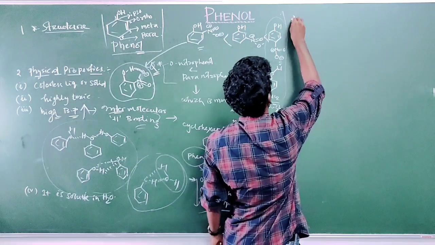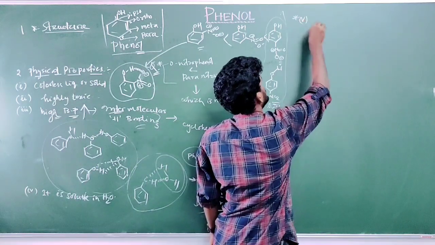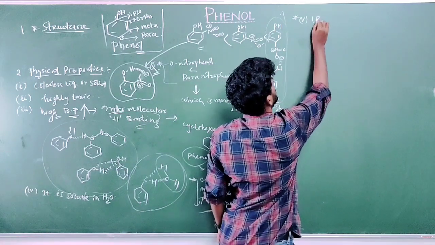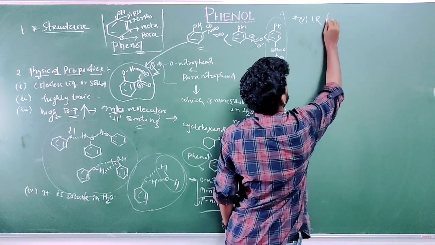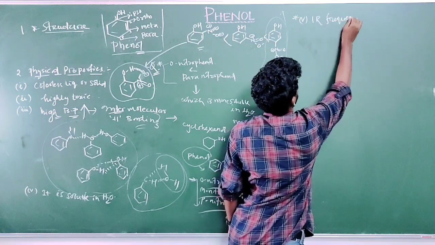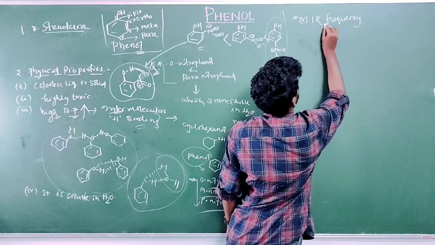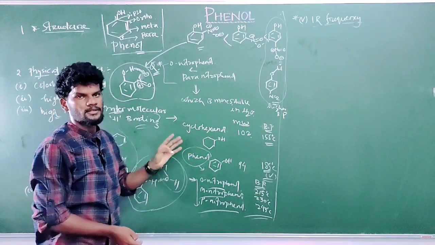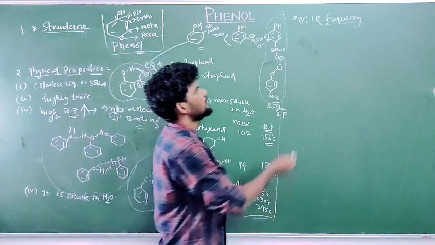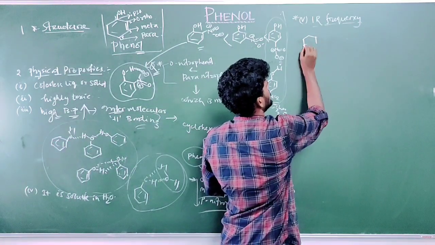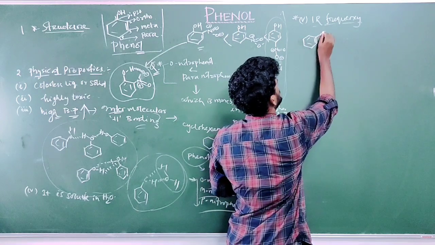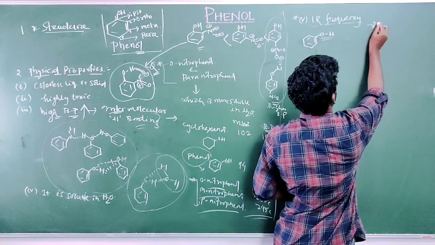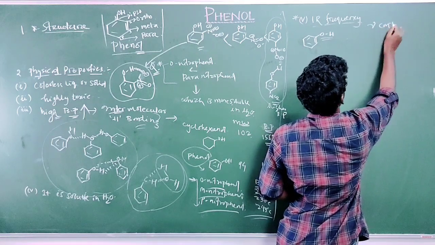Next, number five of the physical properties of phenol is IR frequency, meaning infrared frequency. You just have to remember the frequency values. In IR spectroscopy, you will find different frequency values for different bonds. We measure frequency in centimeter inverse.